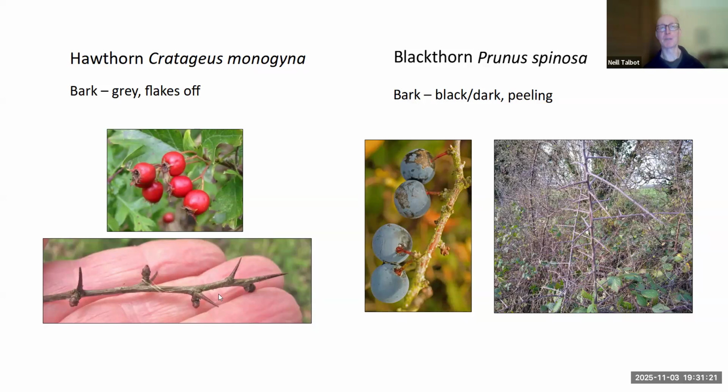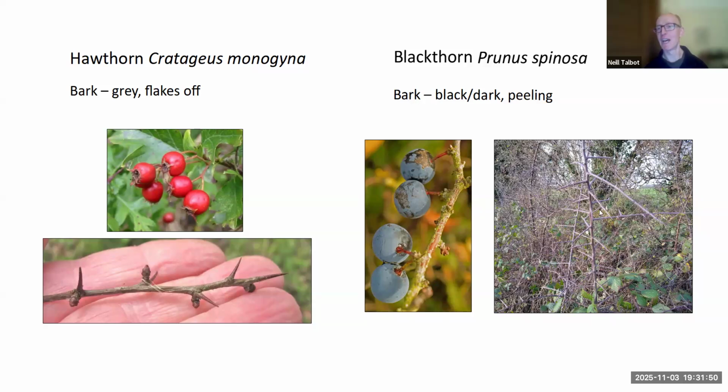And the twigs tend to be fairly brownish to grey, fairly pale. The blackthorn, on the other hand, has these very long spines. You can't really see it that well in this picture, but the spines will have buds all the way along them in most cases, as well as at the base where the spines join the twig.